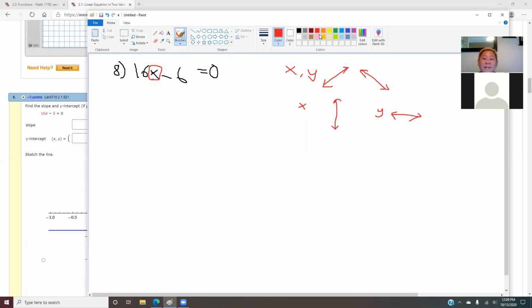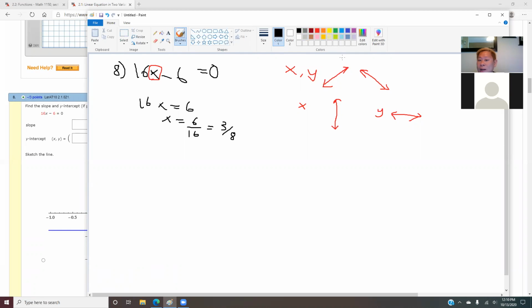So we solve for x here. You move the 6 over, so 16x equals 6. So x in this case will be 6 over 16, which if you reduce by 2 becomes 3 over 8.